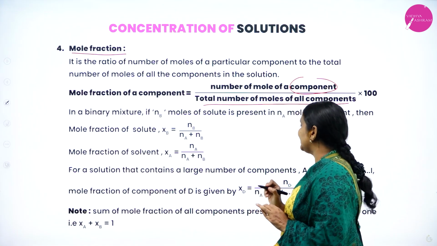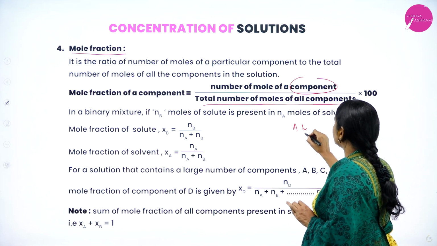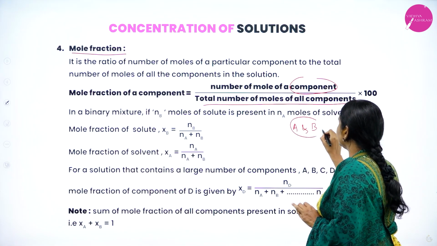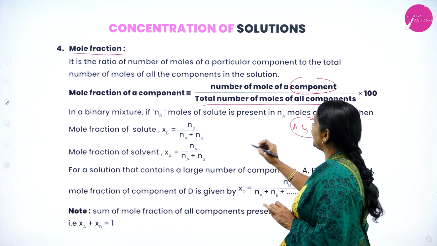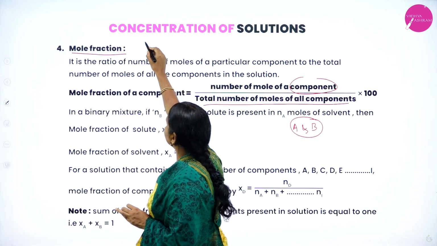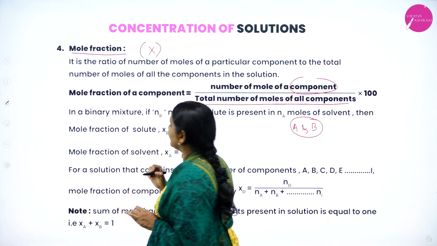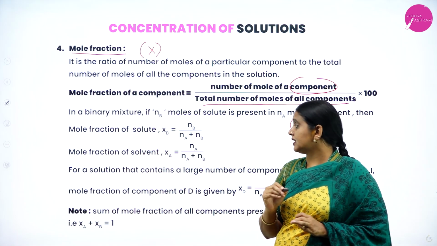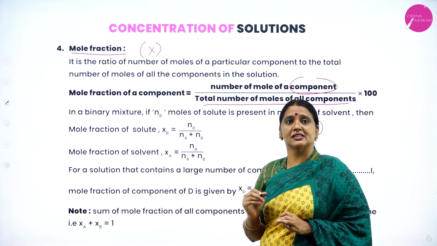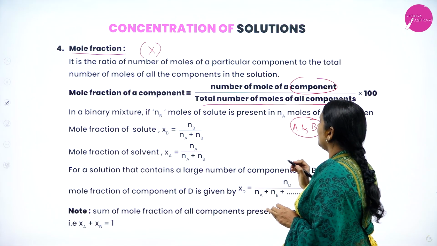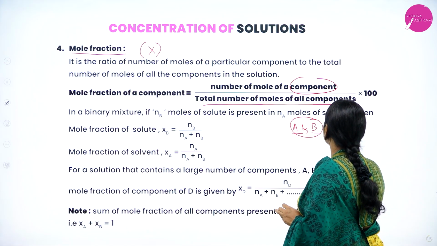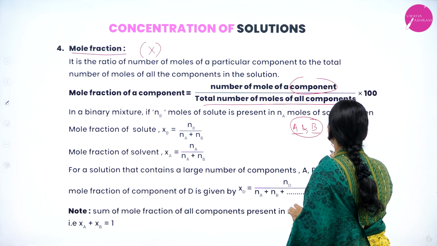For example, let us consider A and B are the two components present in the solution. The mole fraction is denoted by the notation capital X. In physical chemistry, if I use the capital X symbol, that indicates mole fraction. Mole fraction of components A and B are XA and XB.